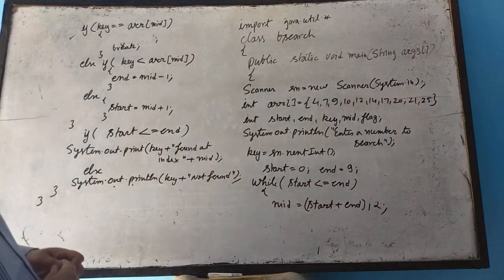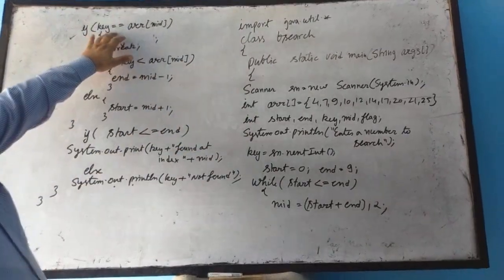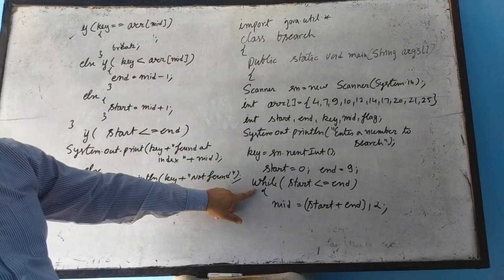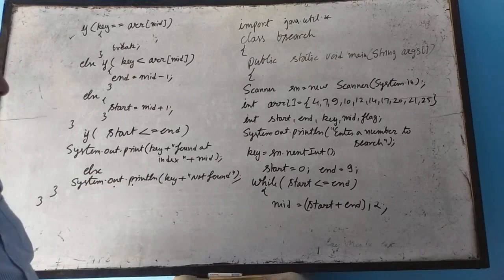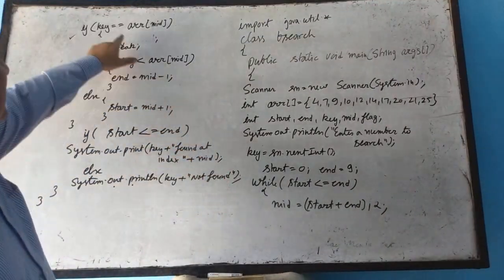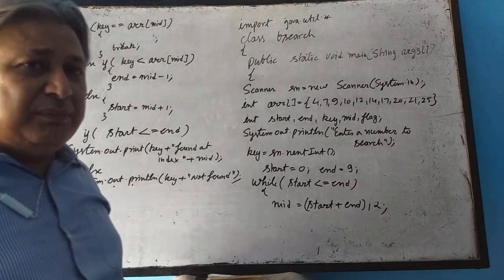Because whenever this is satisfied, control comes out because of this break, not because this condition is false. So start will always be less than end. And if start is more than end, it means it comes out because of this, and this condition was never satisfied. I hope you have understood the binary search.